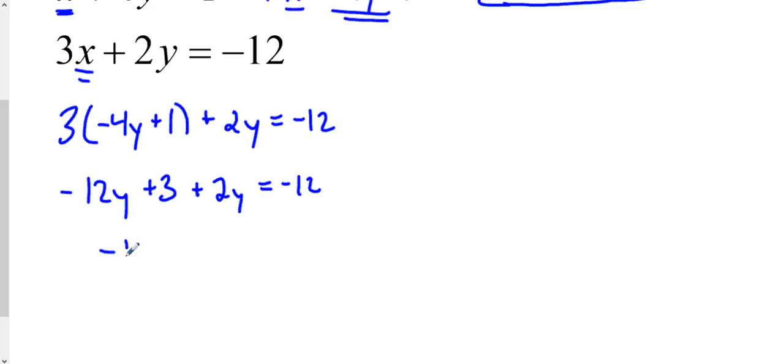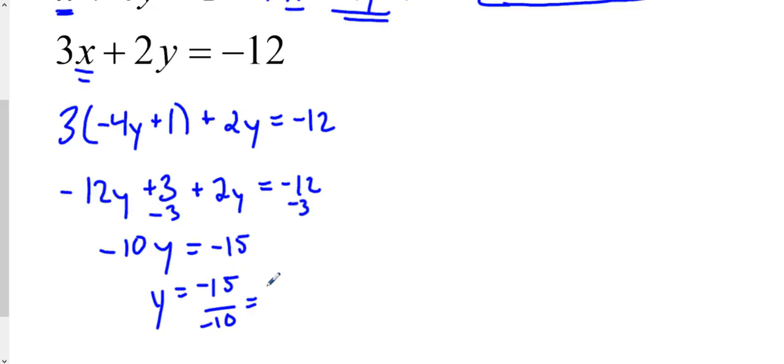That turns into negative 10y plus 3 equals negative 12. We're going to subtract 3 from both sides, and we have negative 15. Y then is going to be, when you divide both sides by negative 10, negative 15 divided by negative 10, which simplifies, dividing by 5 in both, to 3 over 2, so 3 halves.